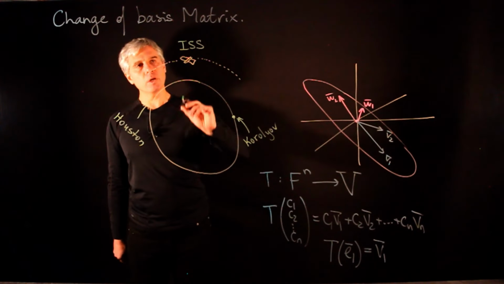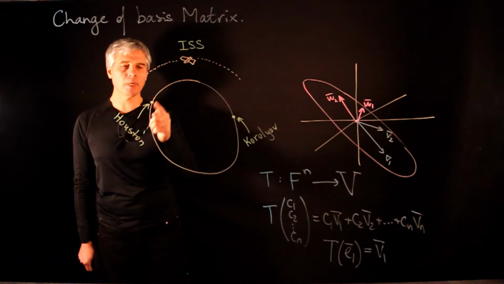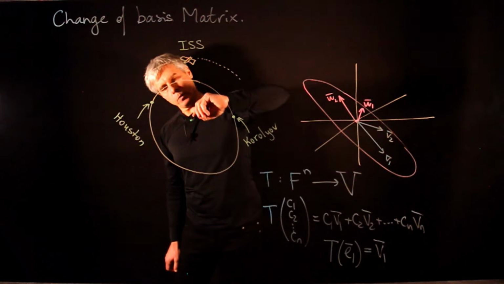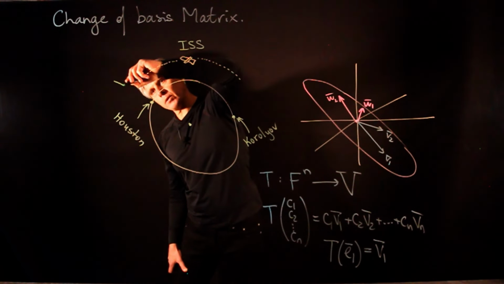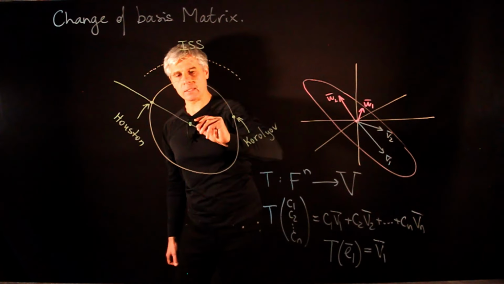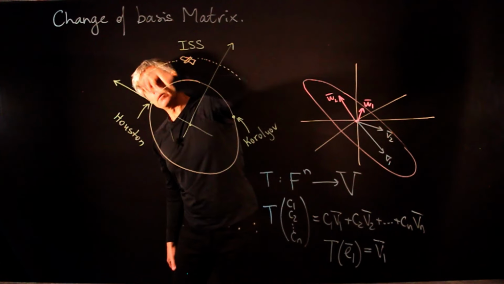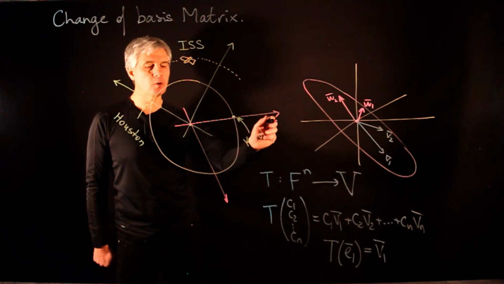And so what we need to do is track the International Space Station from both mission control centers. So what we can do is create coordinate systems, say one coordinate system that is associated with Houston, and the second coordinate system, which is associated with Korolev.